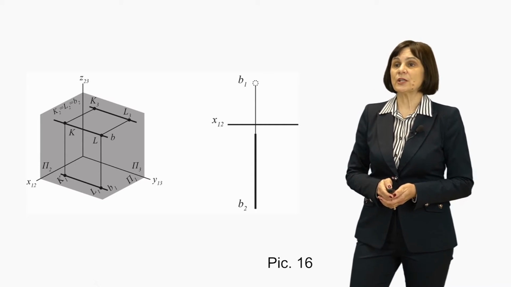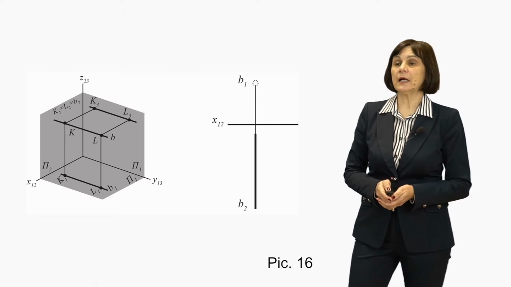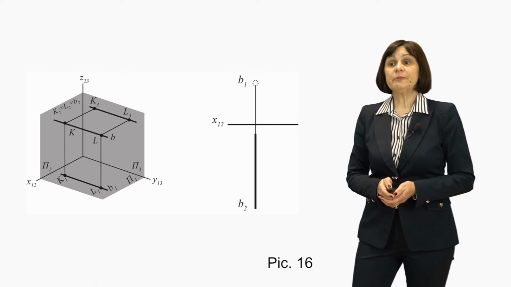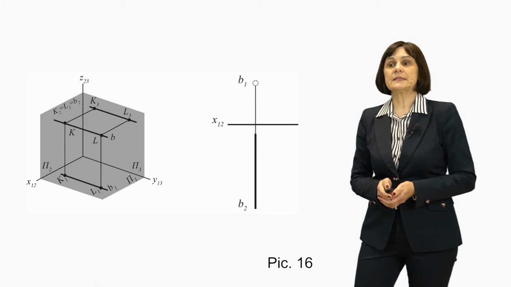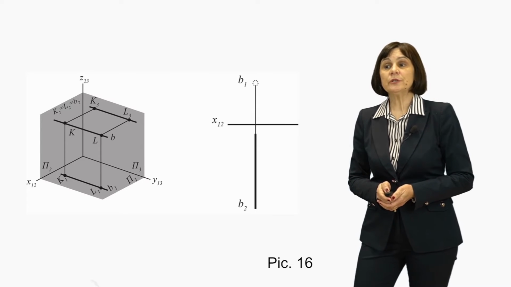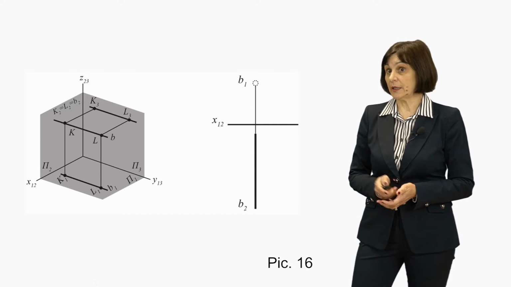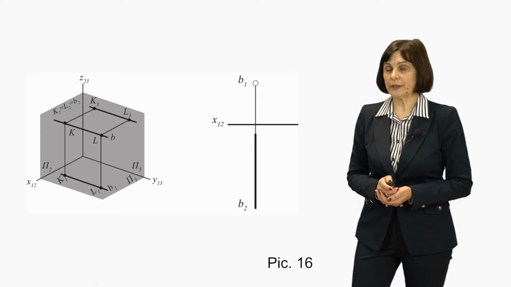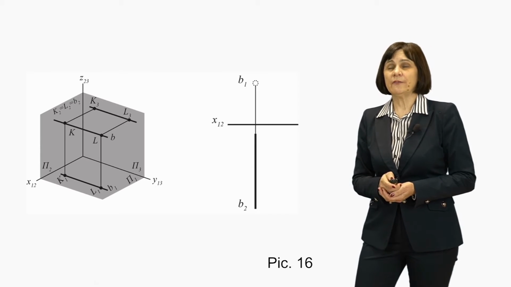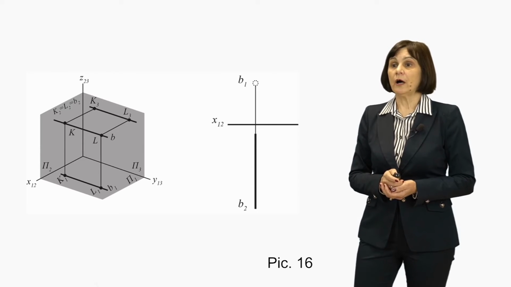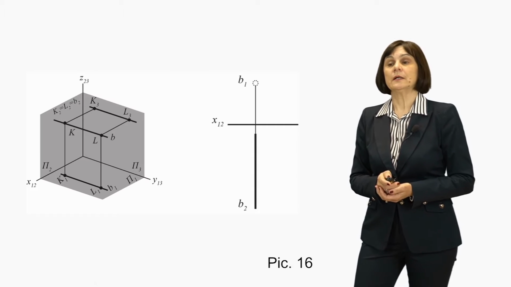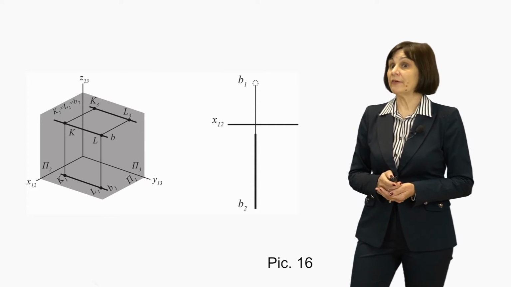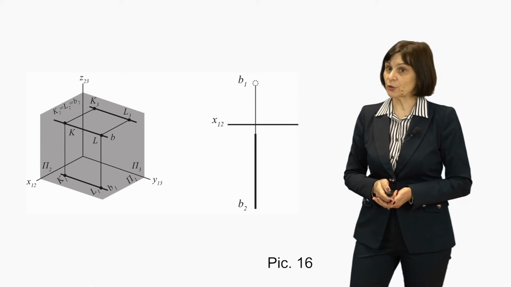It means that we can see this line as a segment on the horizontal and profile planes, and it is projected in a point on the front plane. You can see this on our right drawing. We have a point on the front plane, point B1, and we have a line on our horizontal plane.